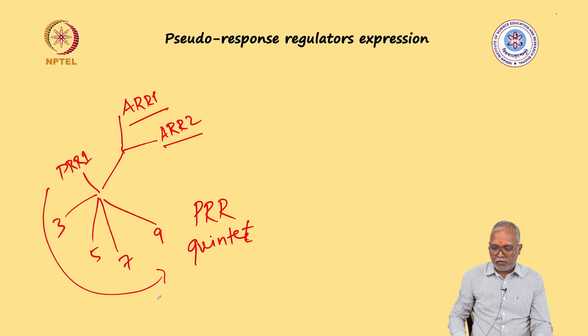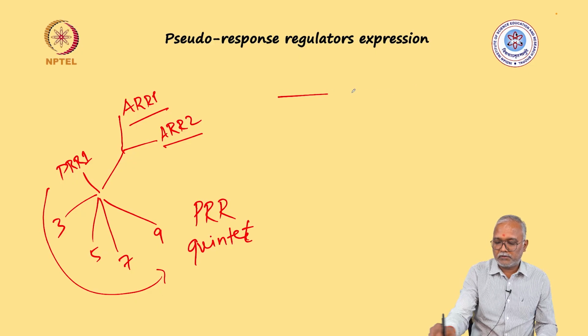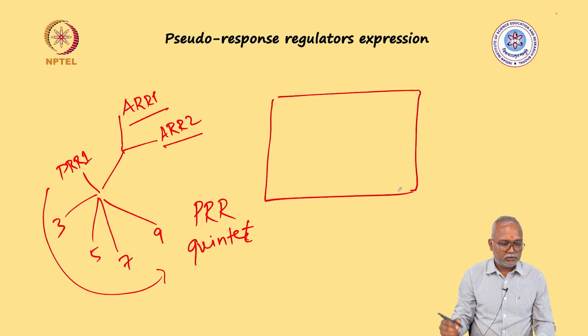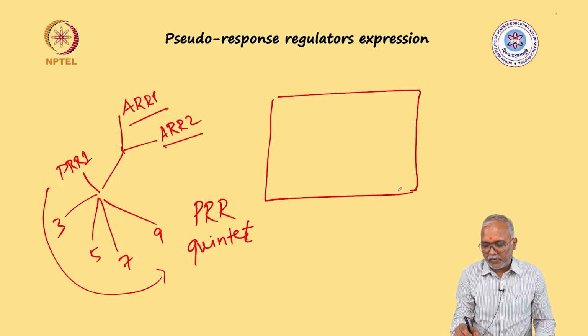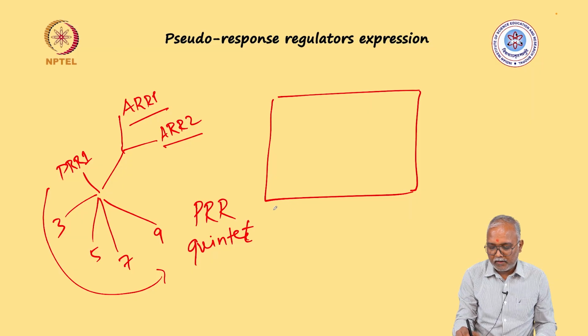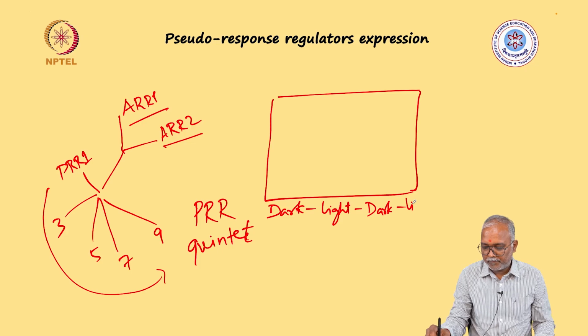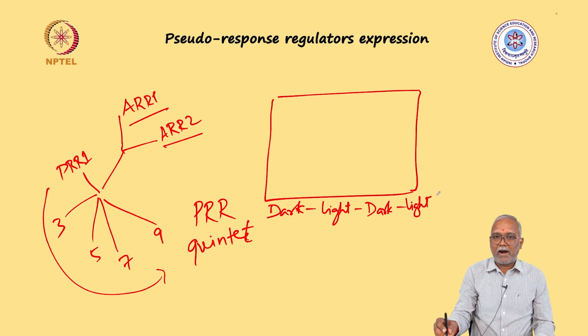Now in this scenario, if you look at the expression of these, how do they affect the diurnal cycle? So what has been noticed is that if you consider the light and dark period, dark, light, dark, light, this is how a plant is given the light.